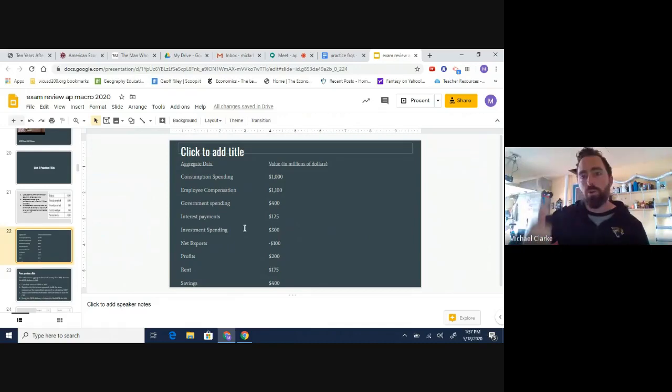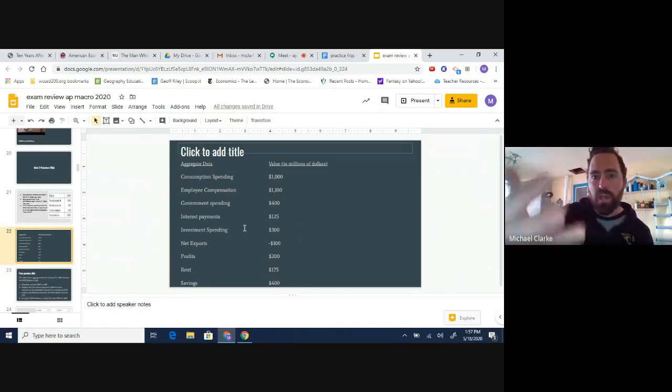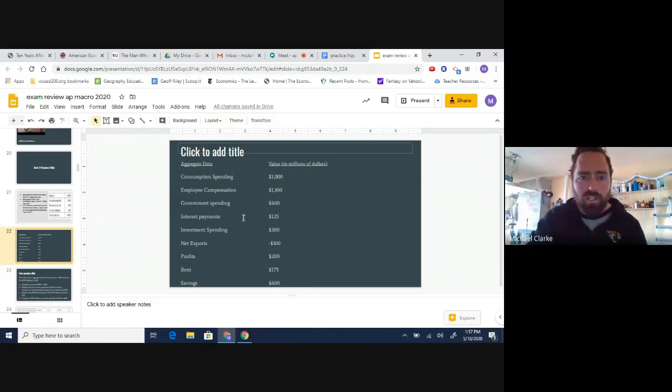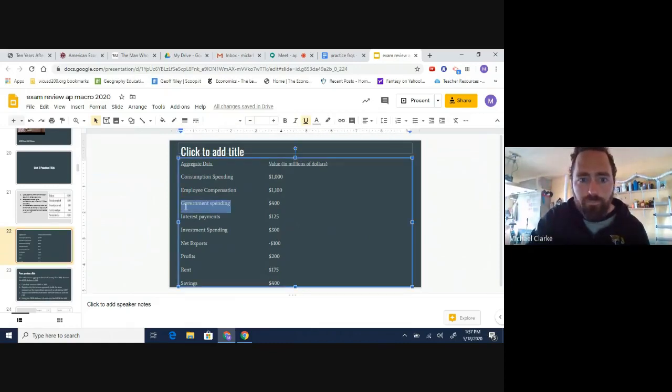That counts consumption, investment, government spending, and exports minus imports. We see government spending on here, but also interest payments and profits and rent. And you're thinking, with a question like this, do I have to count all of these? No. Choose one of those two options and stick with it.